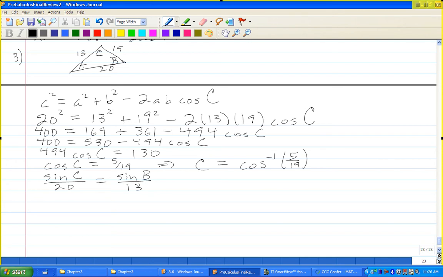Okay, let's see, I have some angle C, and the cosine is 5 over 19. 19 squared minus 5 squared, 361 minus 25, 336.